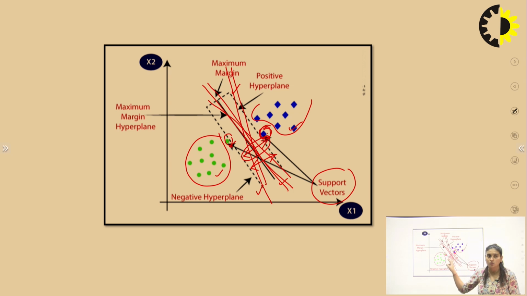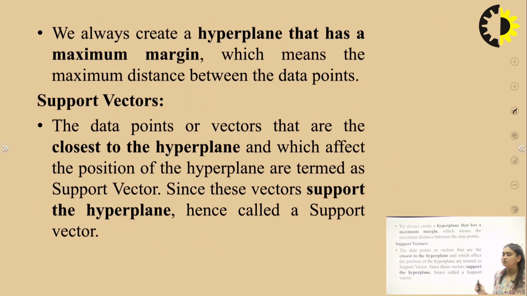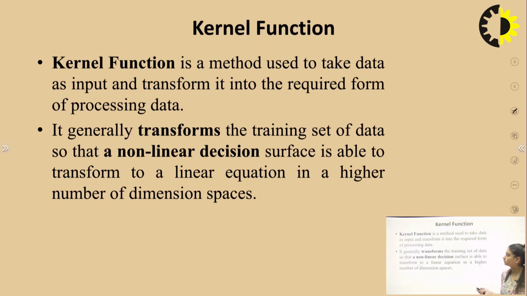Thus we select these two particular points and draw the line with the help of these points. These are known as support vectors. With the help of these support vectors, we draw the hyperplane, and thus these vectors support the hyperplane, and thus the name support vectors.